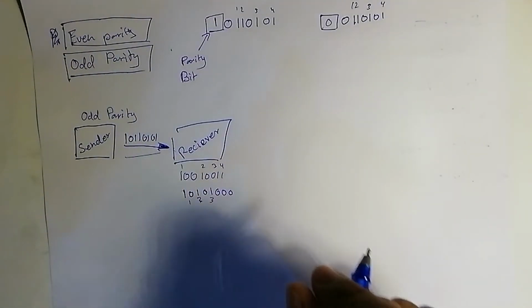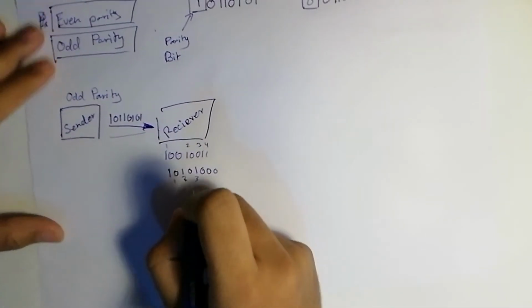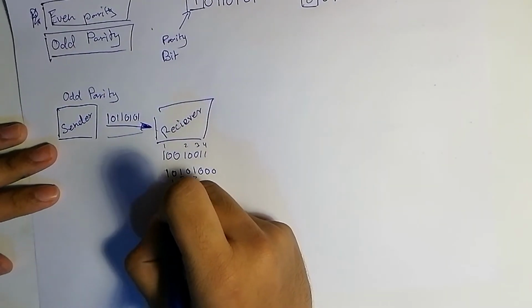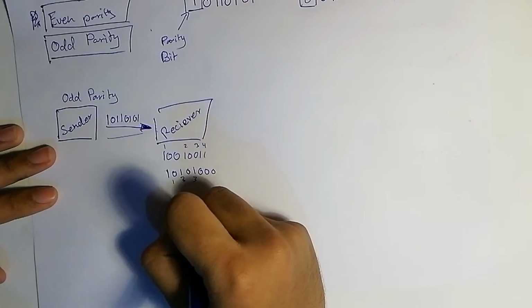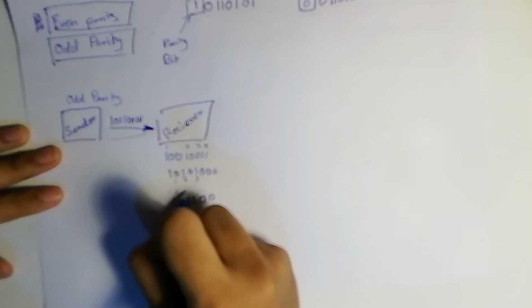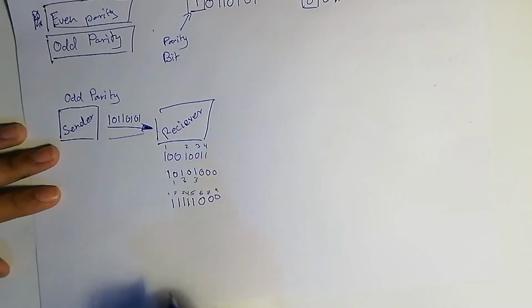Now here's another problem. What if the receiver receives something like 1111100. So we count again: 1 2 3 4 5 6 7, okay, 8.